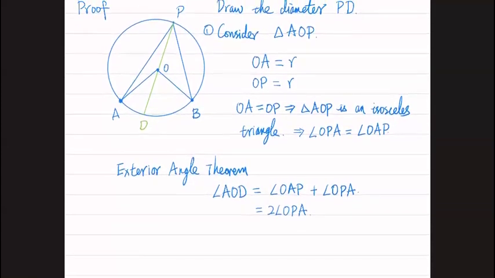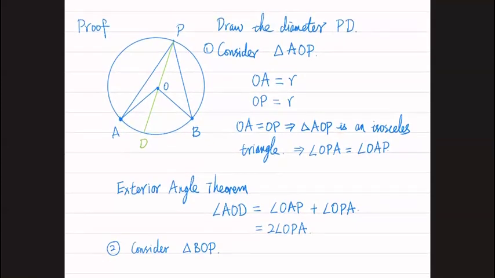Step two. Consider the triangle BOP. Again, I want to say this is an isosceles triangle. What's the argument for this? Why?